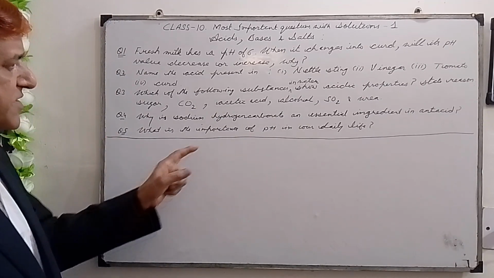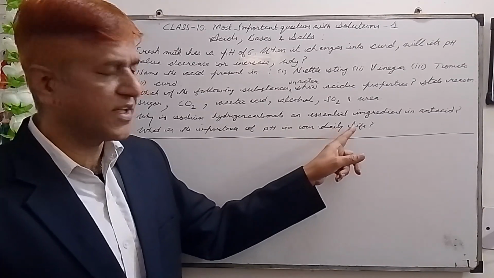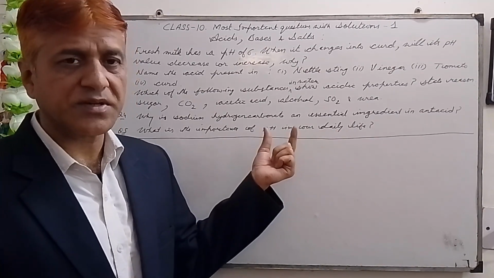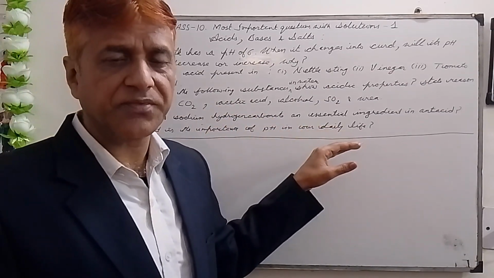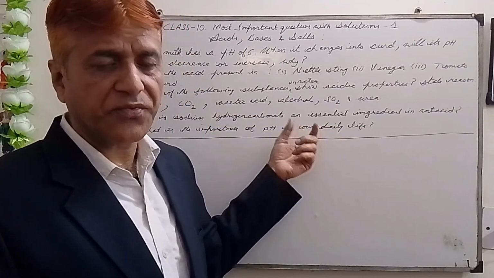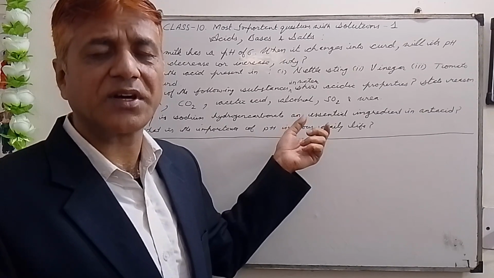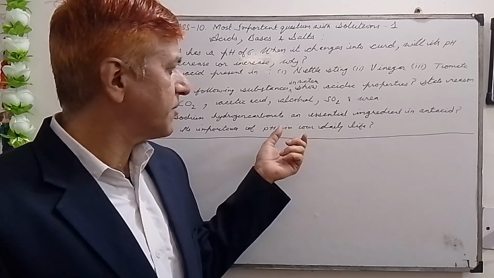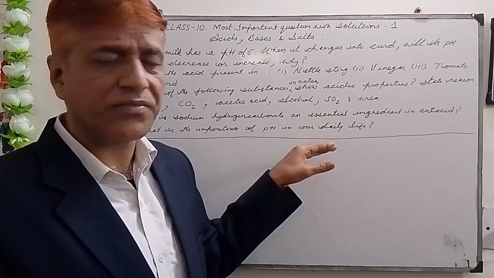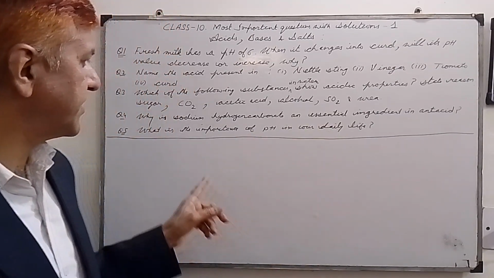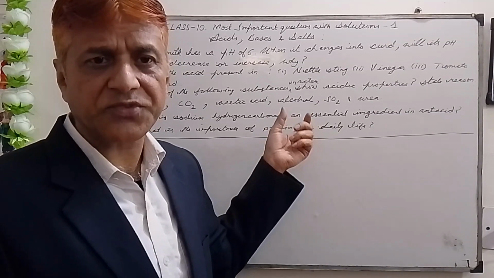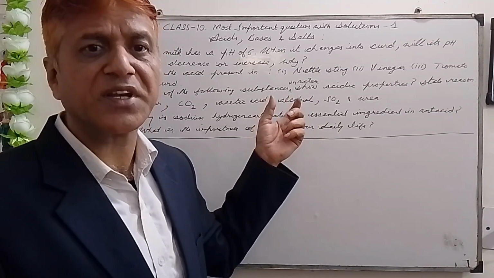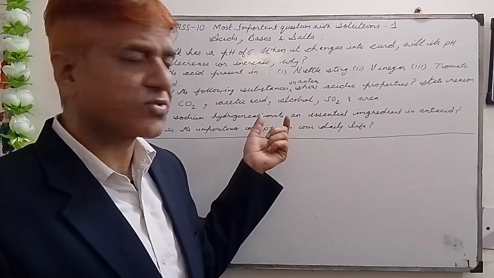Question number 5. What is the importance of pH in our daily life? So my dear students, by knowing the pH value of water, we can save aquatic life, the life of fish and other water-living animals. Then by knowing the pH of soil, we can increase the productivity of the soil.